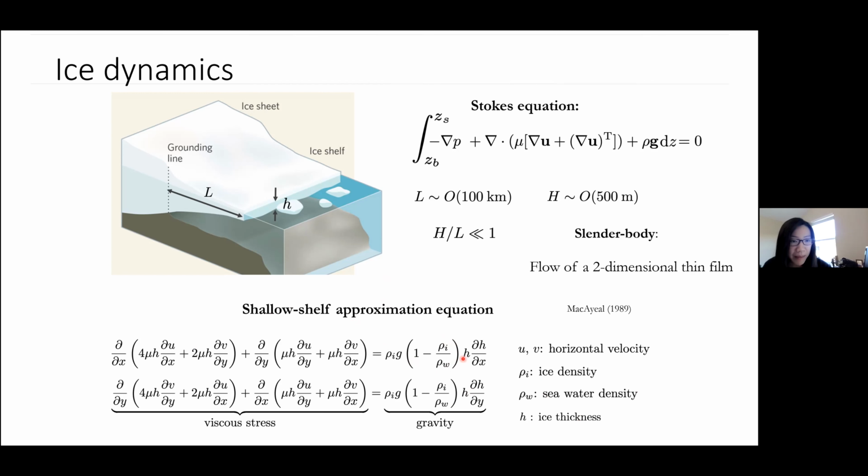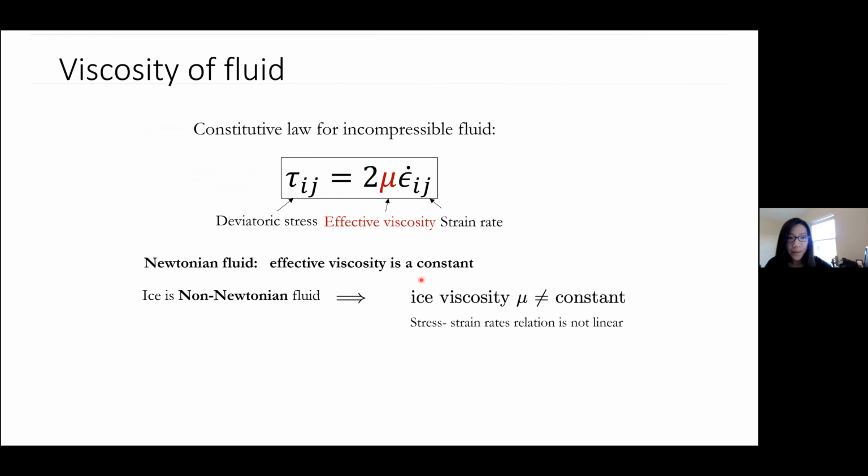If you look at this set of PDEs, it involves velocities, densities, and thickness, and these are measurable quantities. However, it also involves the effective viscosity, and that's a quantity that's impossible to measure at a continental scale. When I say effective viscosity, I simply mean this coefficient between the deviatoric stress tensor and the strain rate tensor.